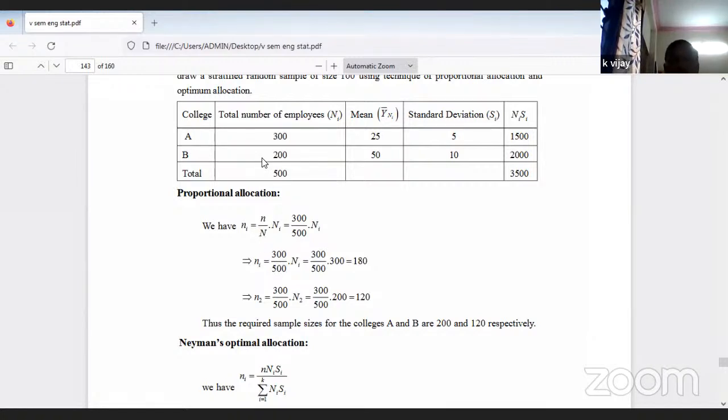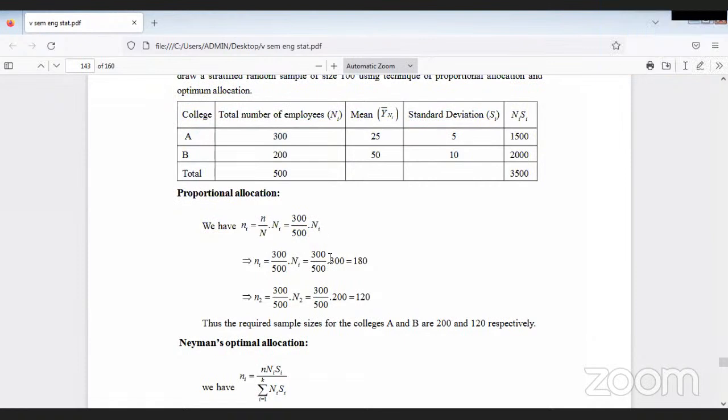Small n into capital N. Capital N means total 500 is correct. NA is correct. NA is 300. We can write small n or capital N. We have to write small n here.